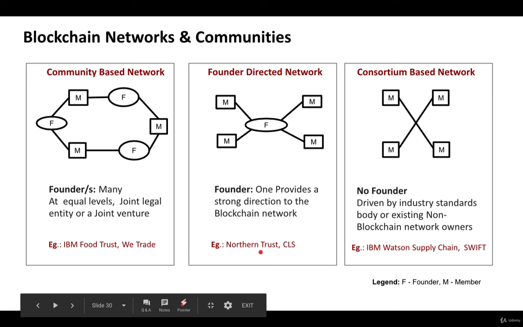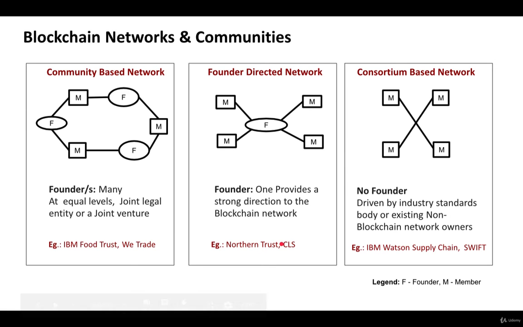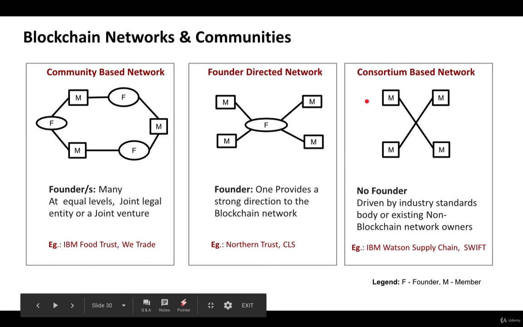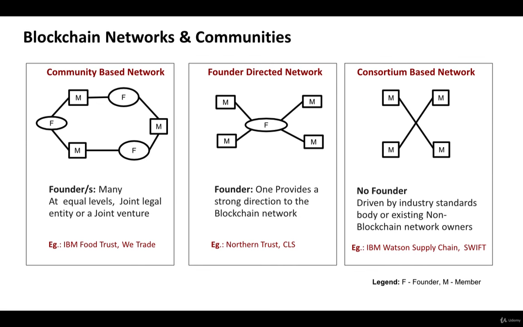Now, like a community based network and a founder directed network, you have a third one, that is a consortium based network. Here we don't have a founder, but all the members work together at the same level, and they are driven by an industry standards body, or maybe even by existing non-blockchain network owners.